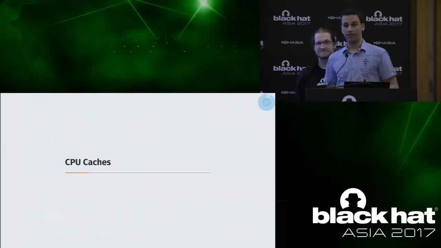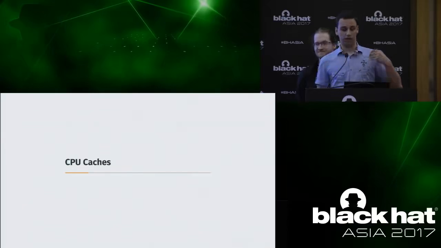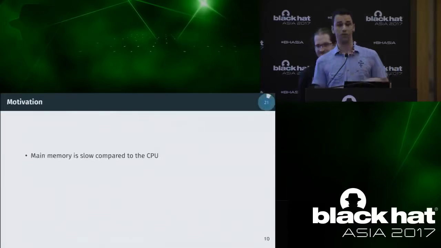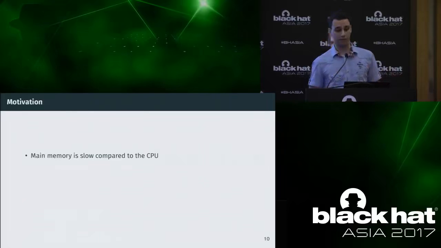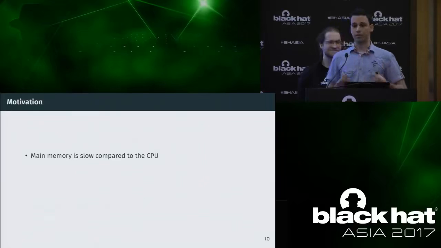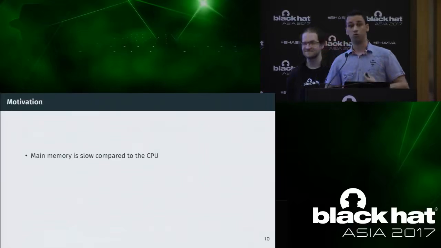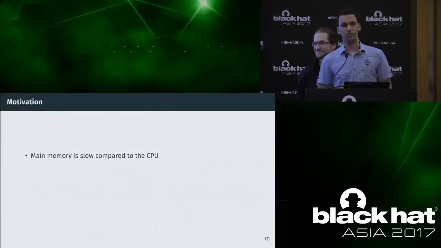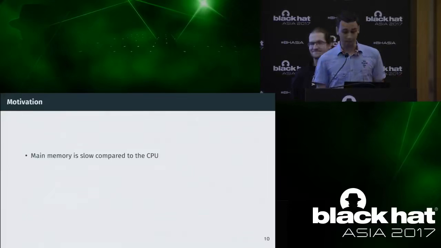So before we can tackle all those challenges, we have to get a bit of background, and we start with CPU caches. If you take your normal computer, you have main memory in there, and main memory is kind of slow. CPUs get faster every year. You get new generations of CPUs, and they will be faster all the time.